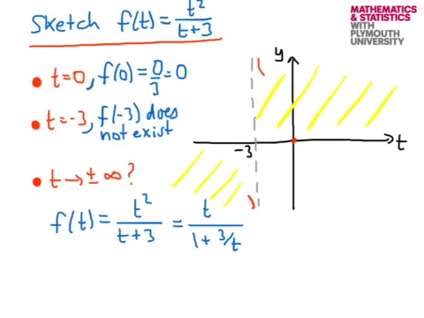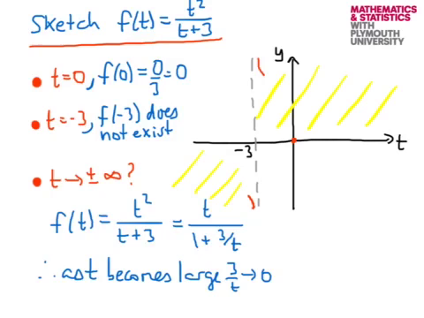The reason why we've done this is because we're interested in understanding what happens for very large values of t. And we realize now, from looking at this form here, that as t becomes very large, positive or negative, 3 over t is going to approach 0. So therefore, f of t is going to approach t over 1 plus 0.